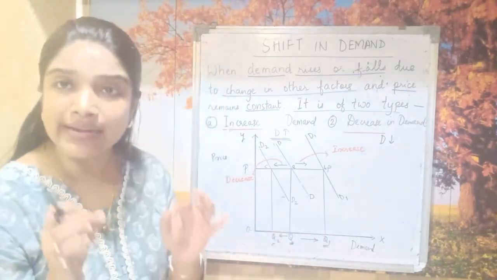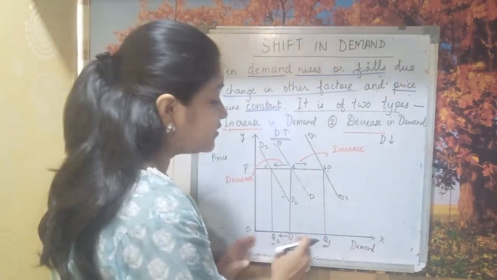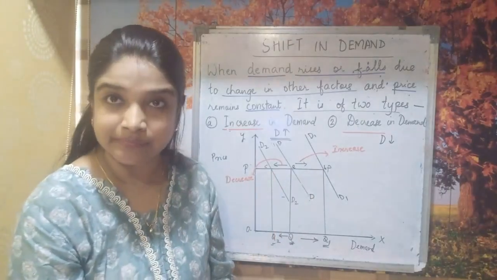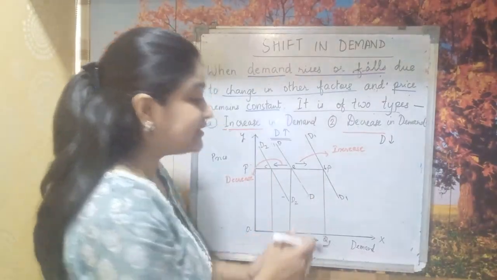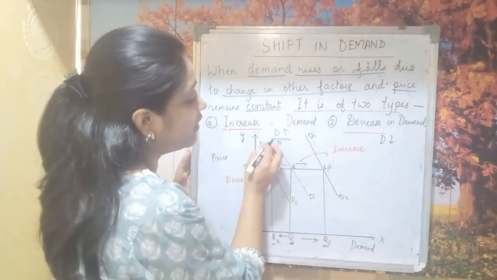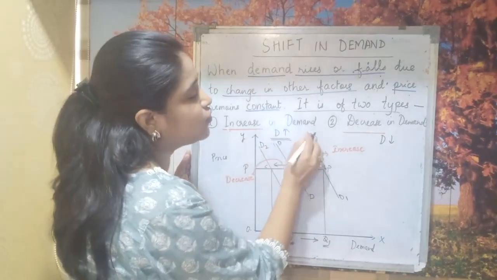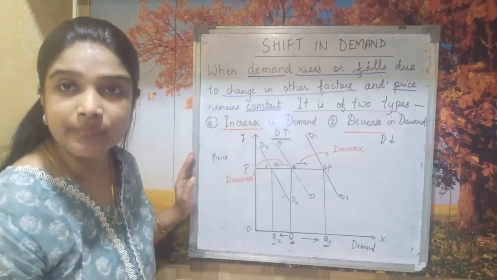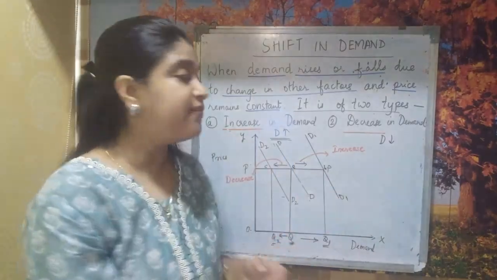Now why does this happen? Because there is an increase in demand. Because of the increase in demand, the demand curve DD shifts to D1. This is because of other factors.